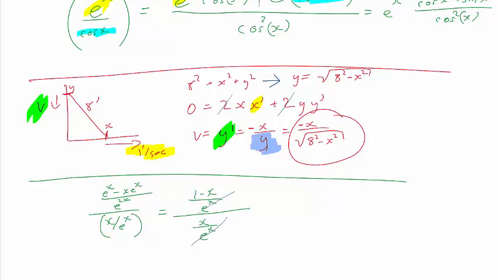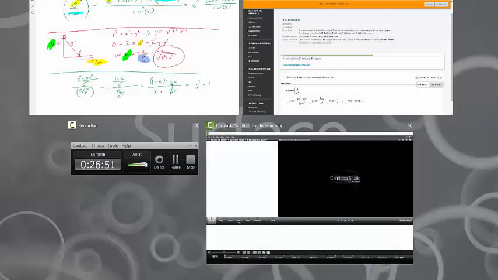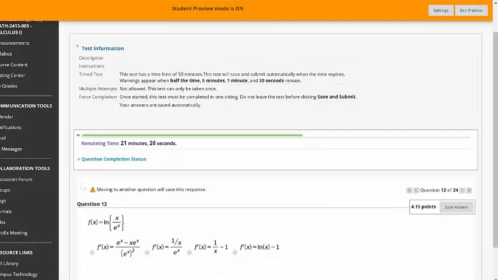Let me go ahead and write that out because I want to make sure everyone can see it easily. This becomes 1 minus x multiplied by 1 over e to the x. And this becomes x times 1 over e to the x. So it should be very clear that those cancel. And so we're left with 1 minus x all over x. Distribute that, we get 1 over x minus 1. Okay, 1 over x minus 1. So let's go over here. 1 over x minus 1. There's our correct answer choice. Let's move forward.